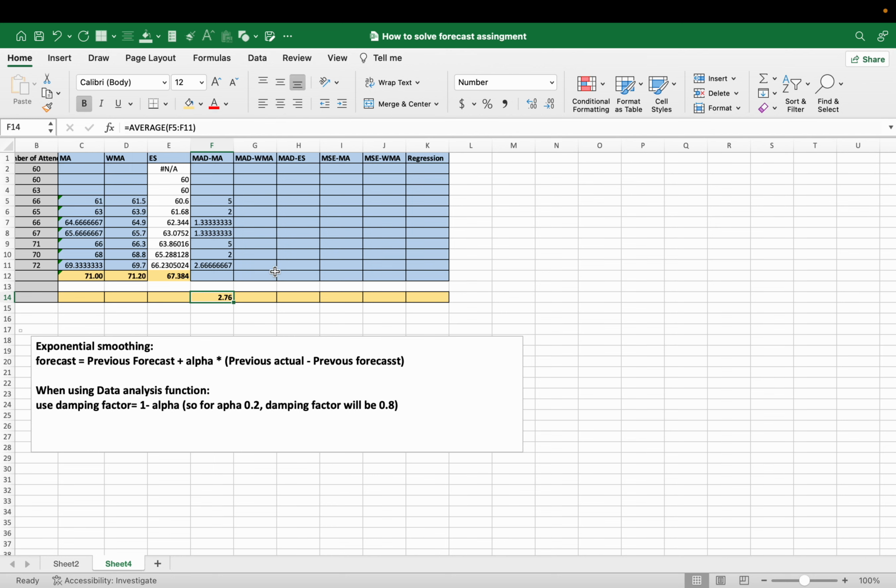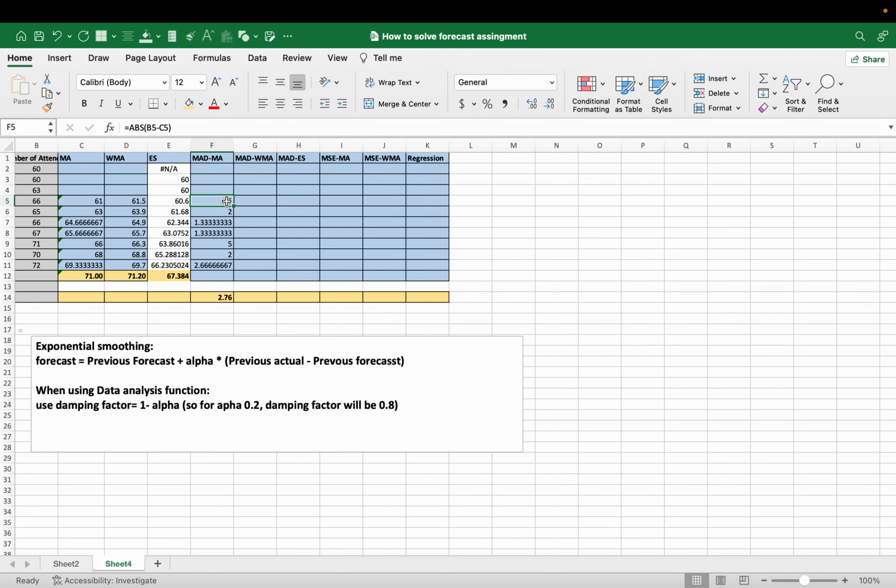Again please note that one of the critical things is where you are starting from and where you finish. We are starting from here, because we have to take the difference, and here two values are available, so we can take their difference. We cannot take the difference of these two because a value is not available here.